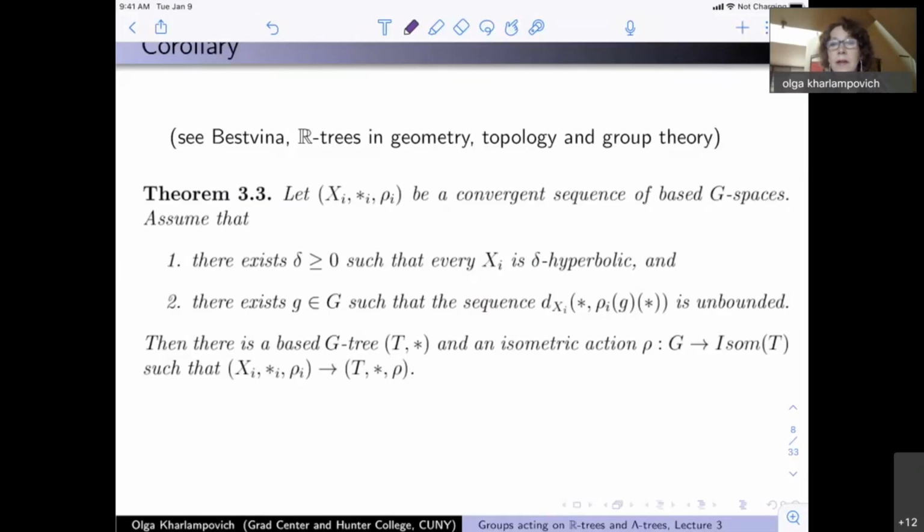Then there is a based G-tree and an isometric action of the group G by isometries. Now, when we say that a group acts on these metric spaces, it will always mean action by isometries on this R-tree T, and such that the sequence of these spaces and the action converges to this R-tree.